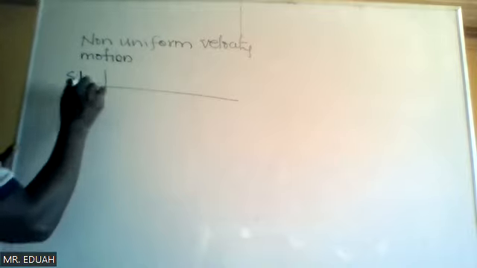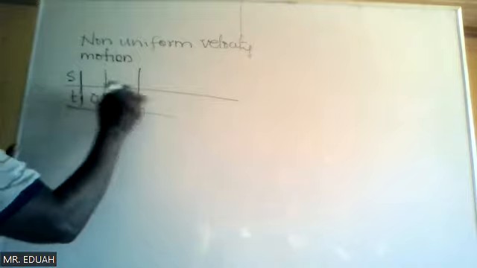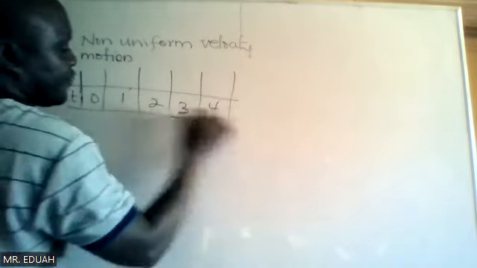a displacement time graph and you have time values 0, 1, 2, 3, 4, and so forth.